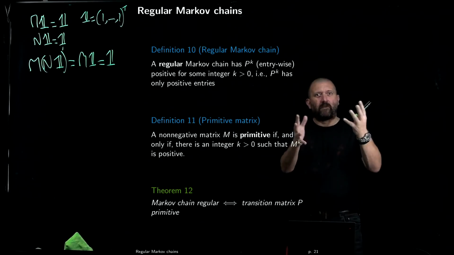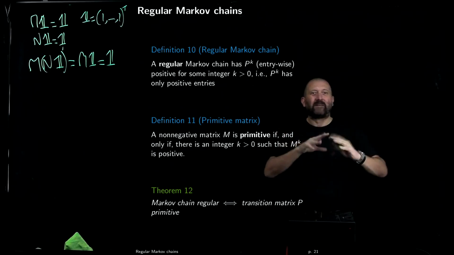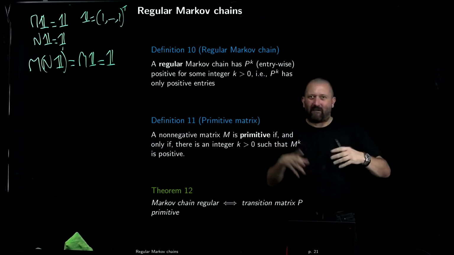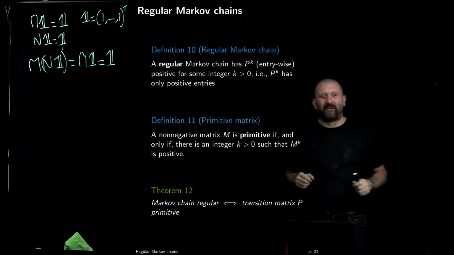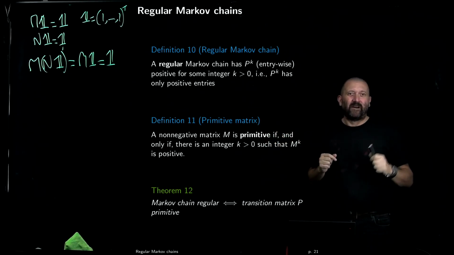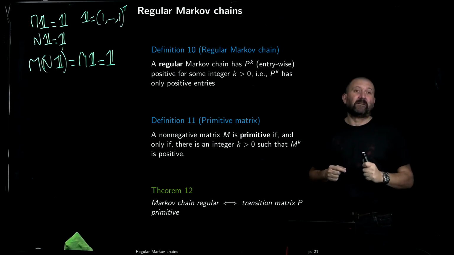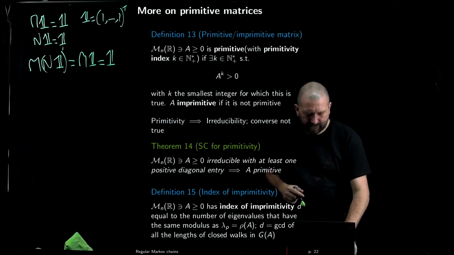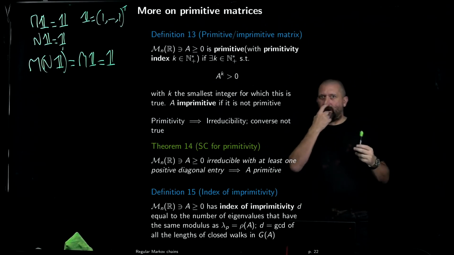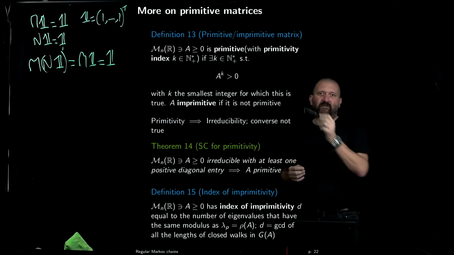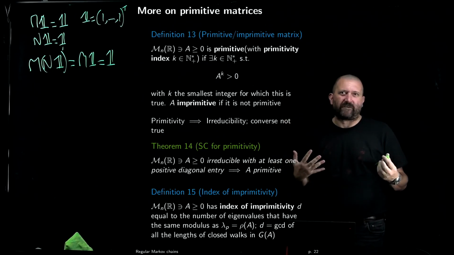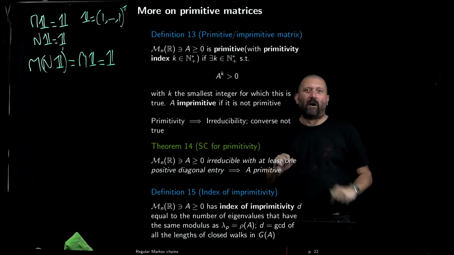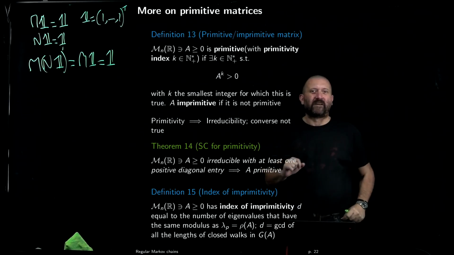If I give you a random matrix, like pick a non-negative matrix out of my head, I throw it here, and I say, is this matrix primitive? It can be difficult to conclude. We're going to see how to do that. Now, a primitive matrix, so this is the proper definition. Okay, I'll add a few extra tidbits of information as we go.